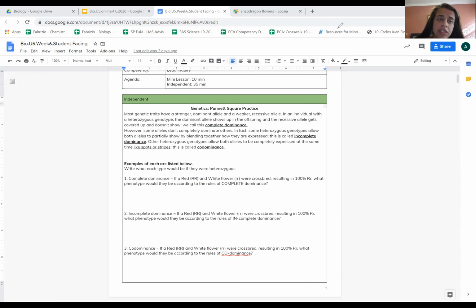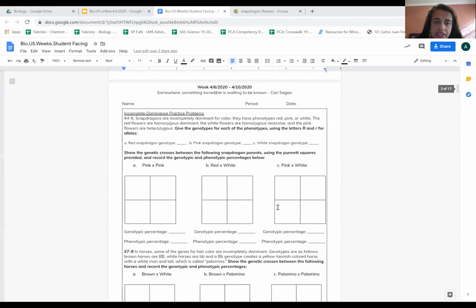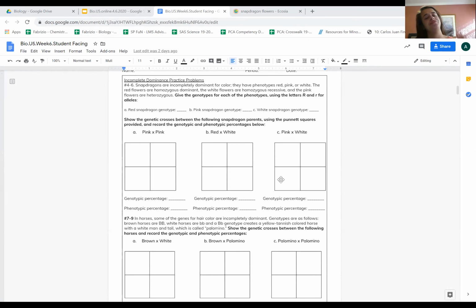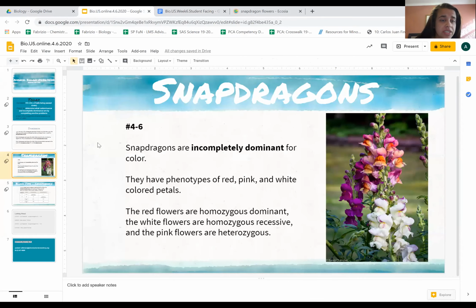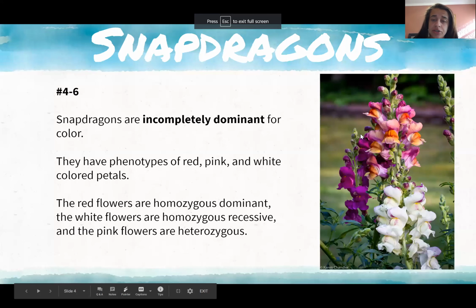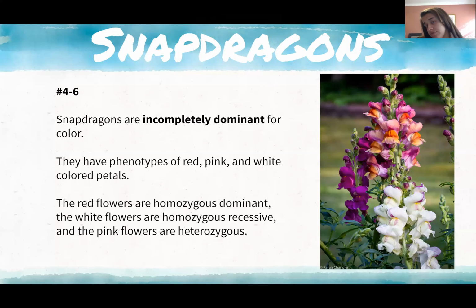So we're going to move on. On this next page, page 2, you guys are having a lot of practice problems today. So a lot of practice. For questions 4 through 6, you're going to be learning and discussing snapdragons. They're a type of flower.